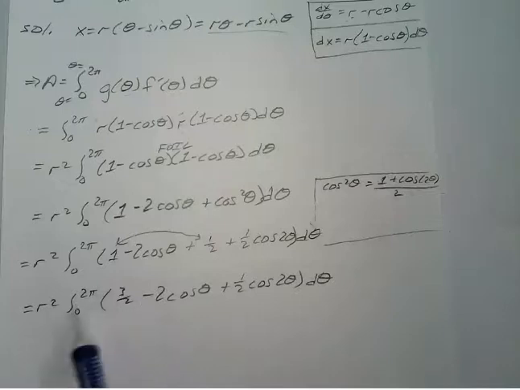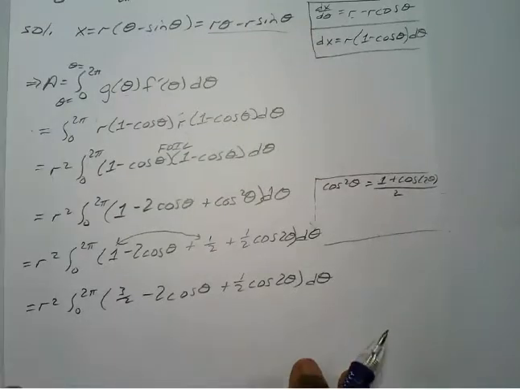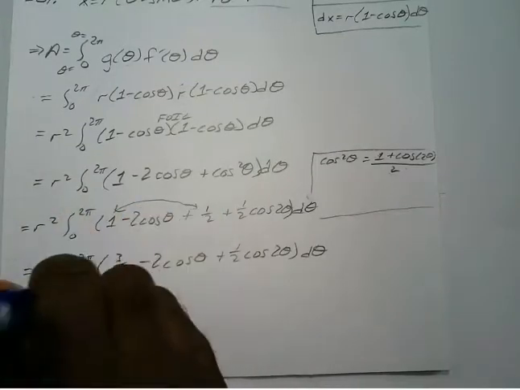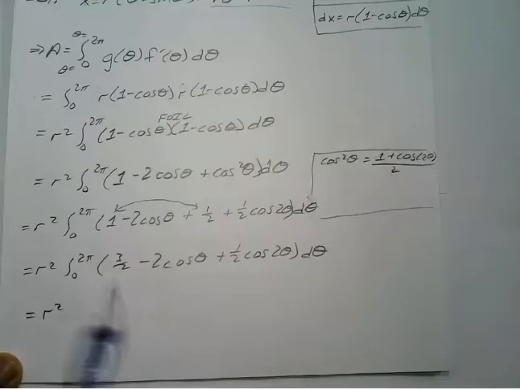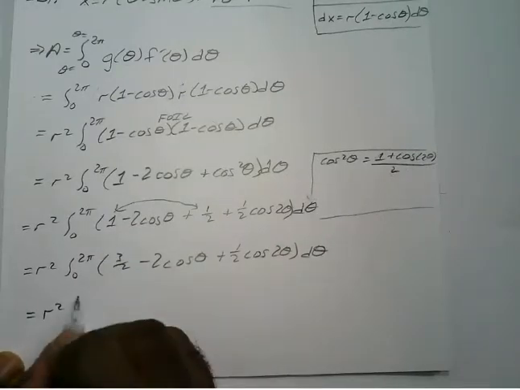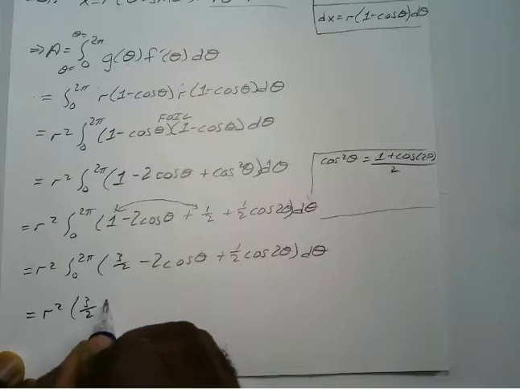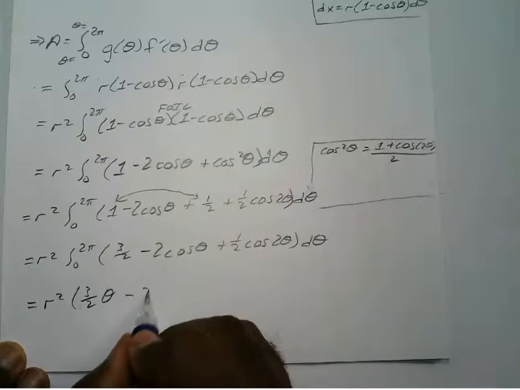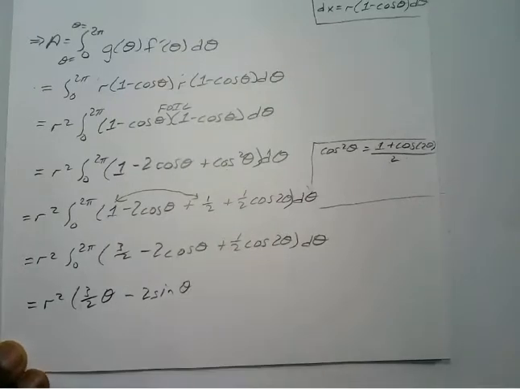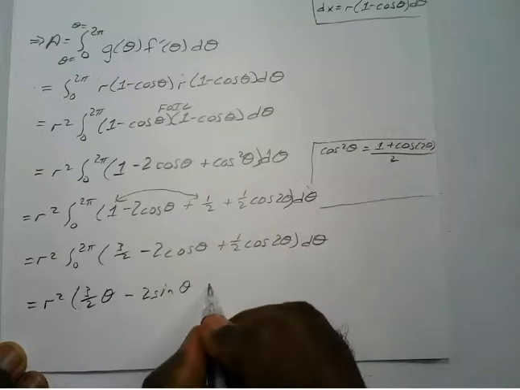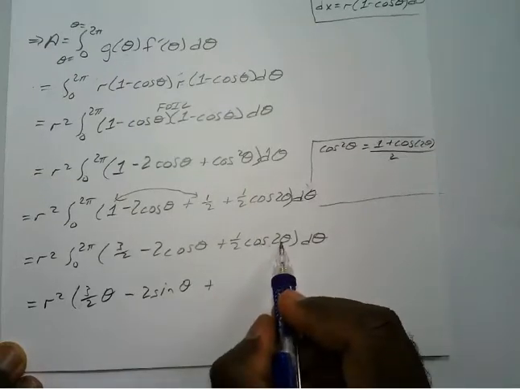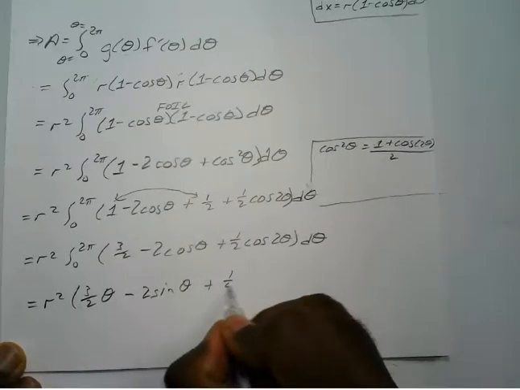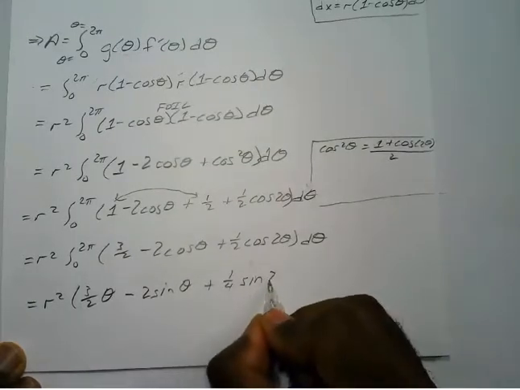Okay, so now we can go ahead and integrate all of those terms. The integral of 3 over 2 becomes 3 over 2 theta, minus the integral of 2 cosine theta, which is 2 sine of theta, plus the integral of cosine 2 theta, which is sine 2 theta over 2, so 1/4 sine 2 theta, times 1/2.